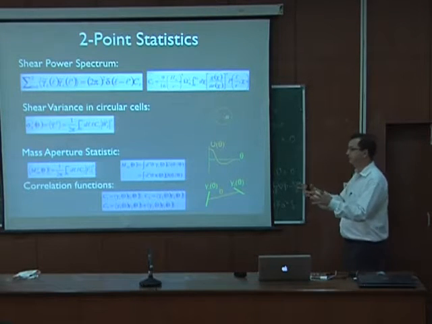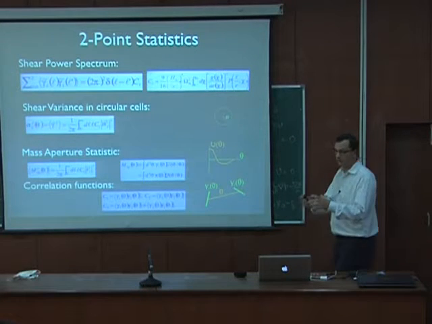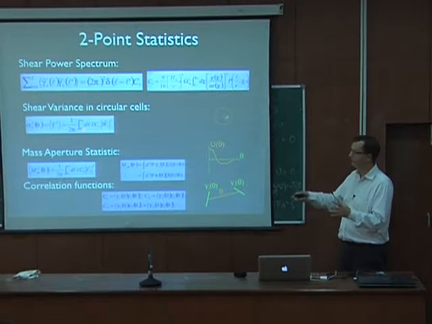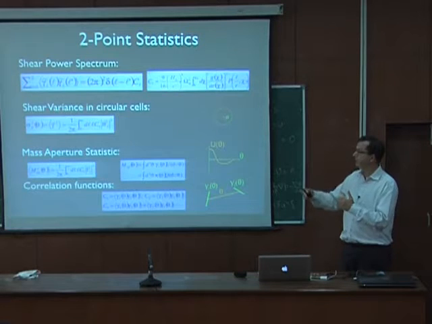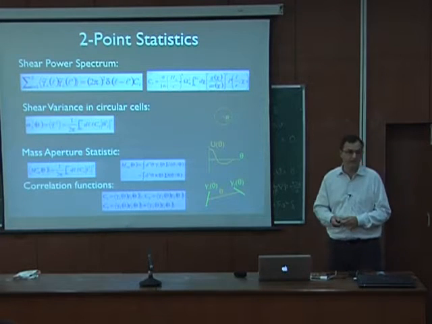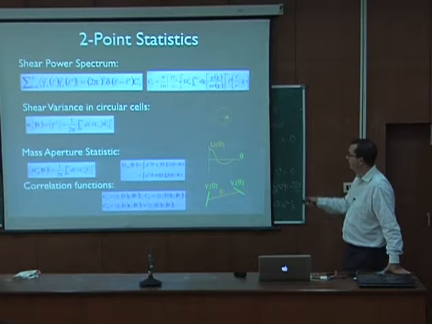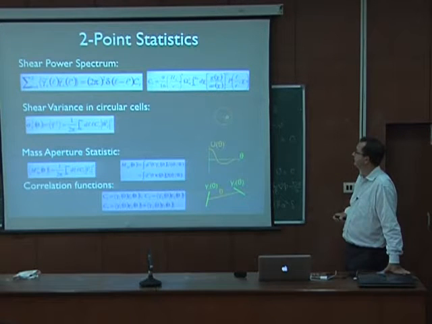The disadvantage is that the measurements at different thetas are all correlated because there are a lot of common modes in it. So we're getting very correlated measurements at different thetas, but at early times that was still better to do. And now people tend to use the correlation function or the shear power spectrum.